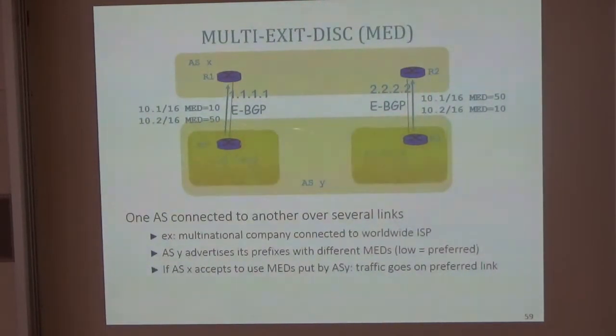For example, ASY could be the Tesla company that has links and charging stations and cars everywhere in the world, and connects to a provider that is, for example, AT&T, and therefore you're connected at several points.